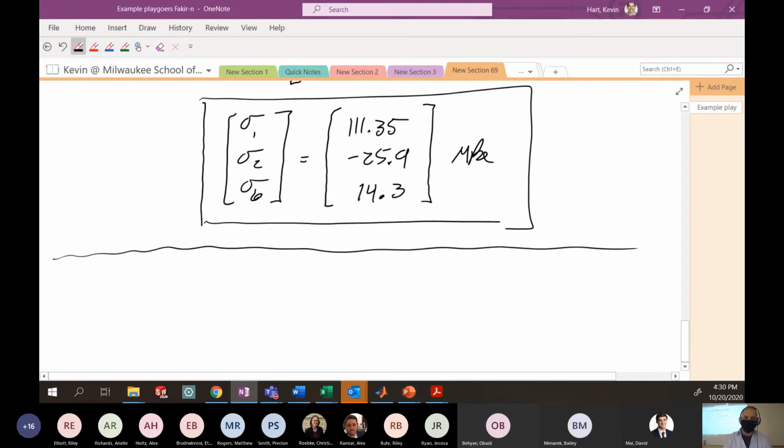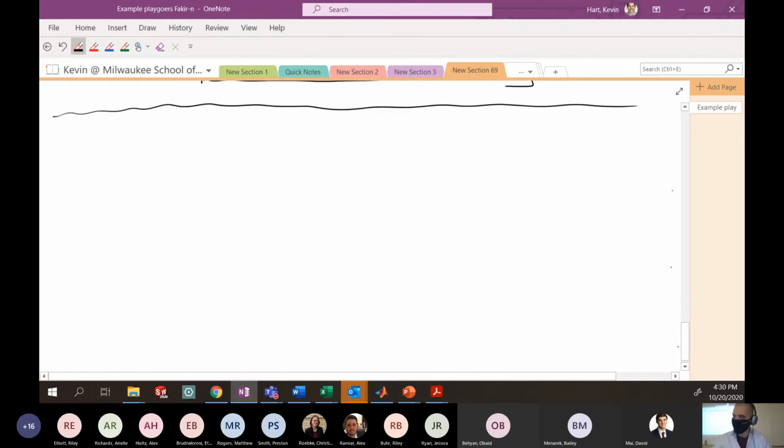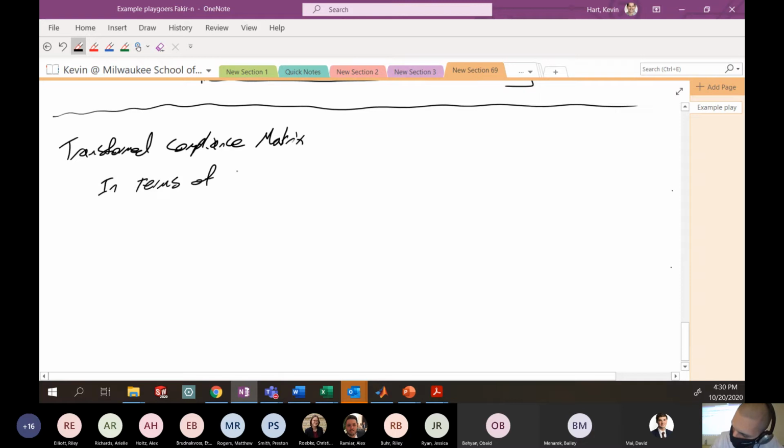So the last topic for this set of notes is looking a little bit more in depth at that full off-axis compliance matrix with engineering constants. So let's pick it up there. So we'll say transformed compliance matrix in terms of... well, let's not say transformed.